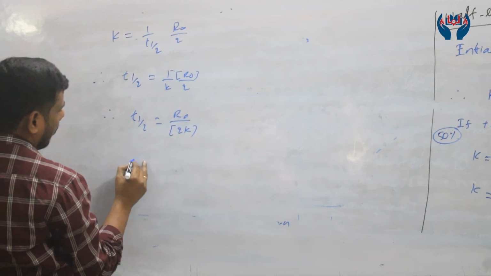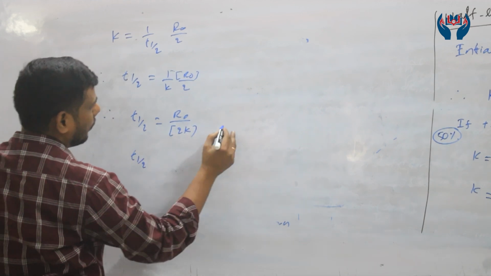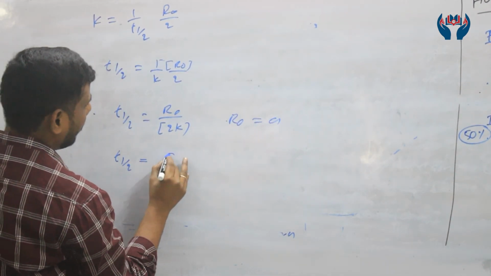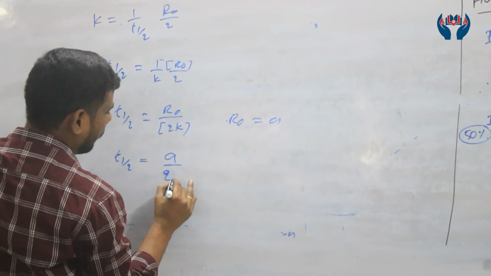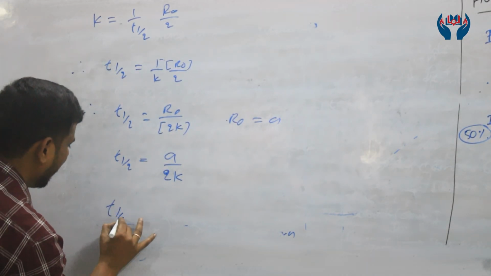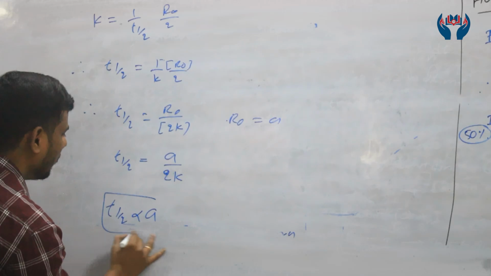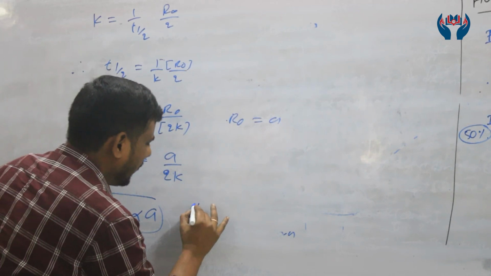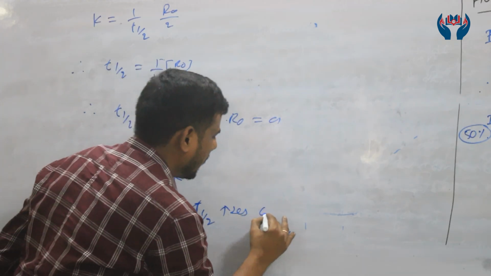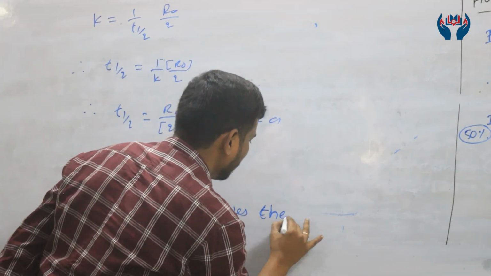What is R0? R0 equal to a. That means t half equal to a by 2K. So t half is directly proportional to the concentration a. As t half increases, the concentration also increases.